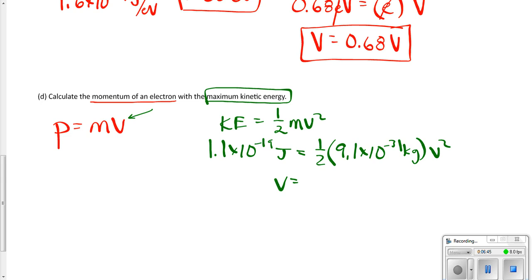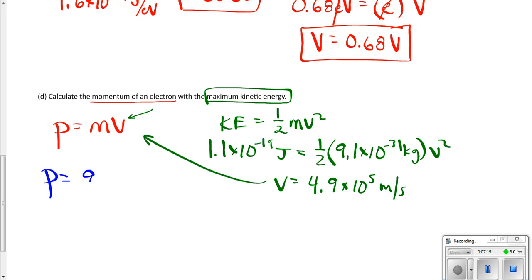1.1 e negative 19 times 2 divided by 9.1 e negative 31, and the square root of that value is 4.9 times 10 to the 5th meters per second. Take that value, plug it back in for momentum. There's probably an easier way to combine the kinetic energy and momentum formulas, but I couldn't come up with it right away.